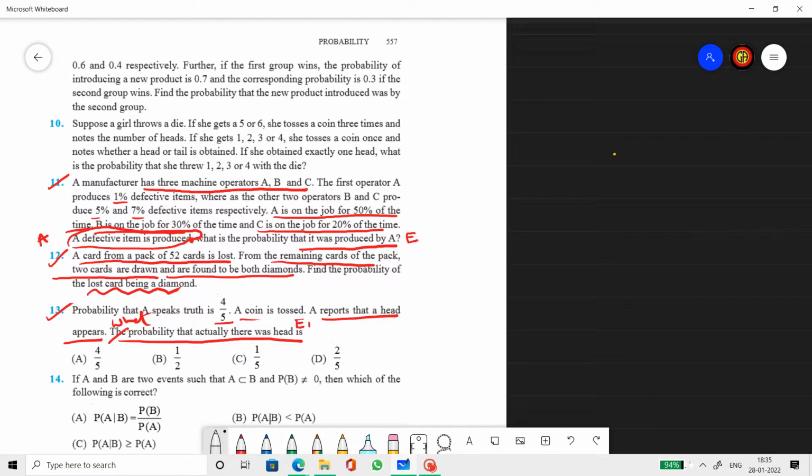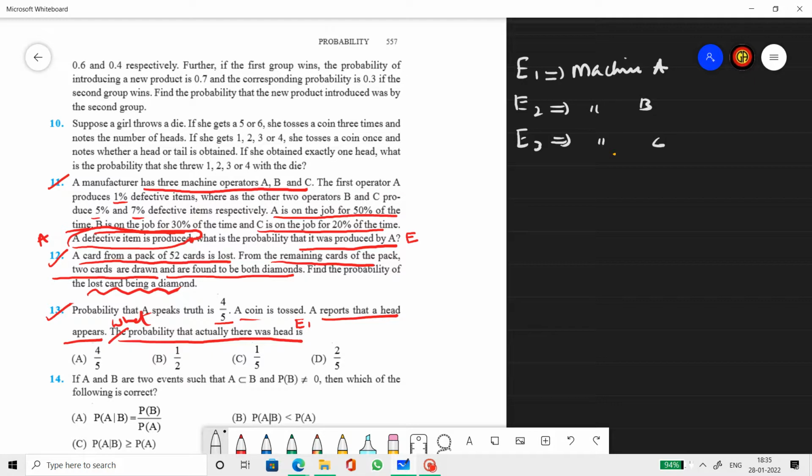So E1 is the product produced by machine A, and E2 is the product produced by machine B, and same for E3, product produced by machine C.